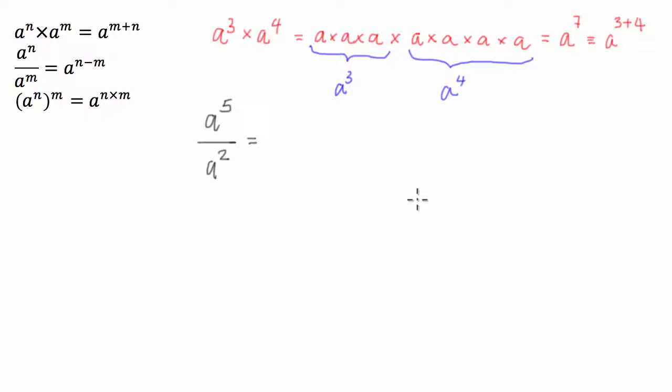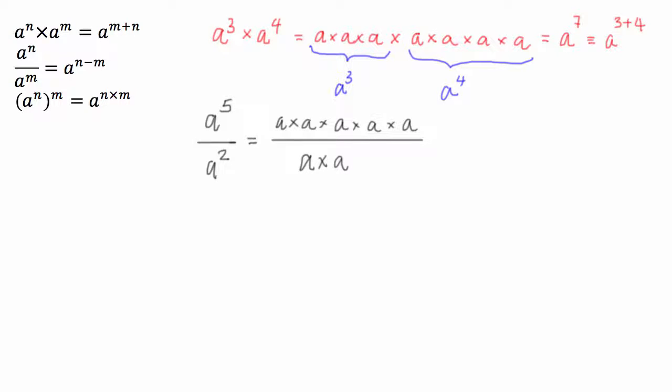Now this is going to be equal to a times a times a times a times a, so it's along the same sort of logic as the law above, and a to the power of 2 is a times a.